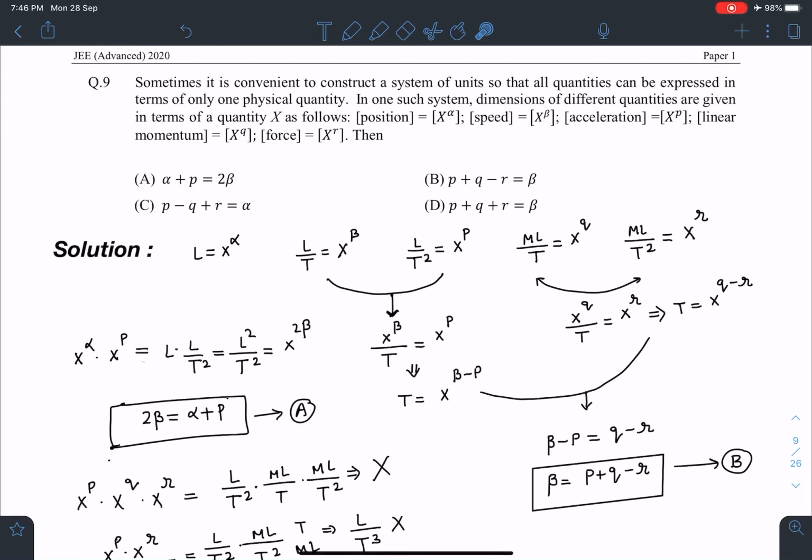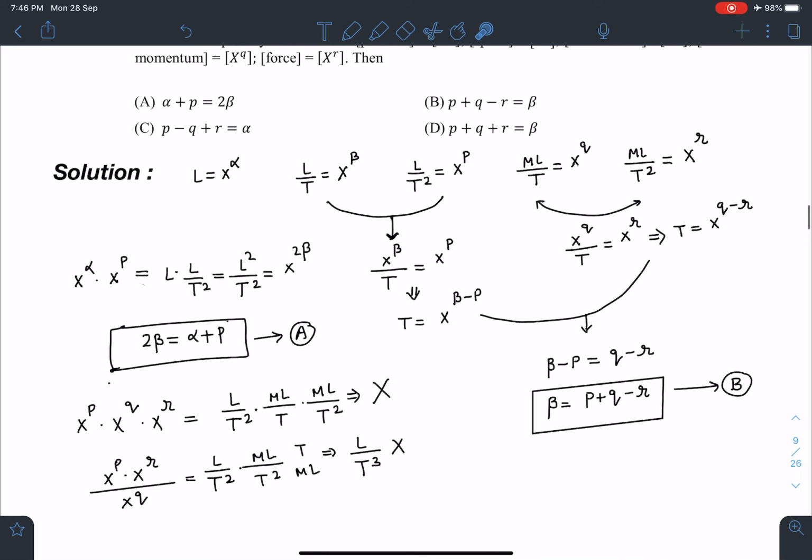So I can very easily say that 2 beta is equal to alpha plus p, that is option A. Similarly, I can check this part, p plus q minus r. I have to write p plus q minus r here. So just multiply these three terms. When you do that, you will get it here. This was simple to check, you can easily do that.